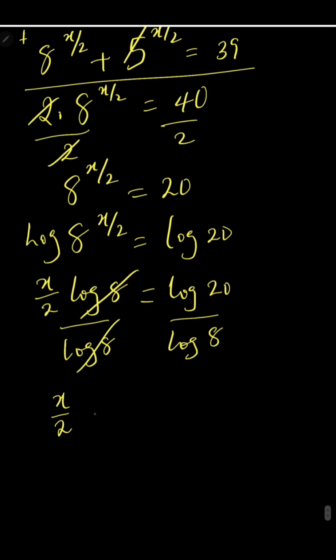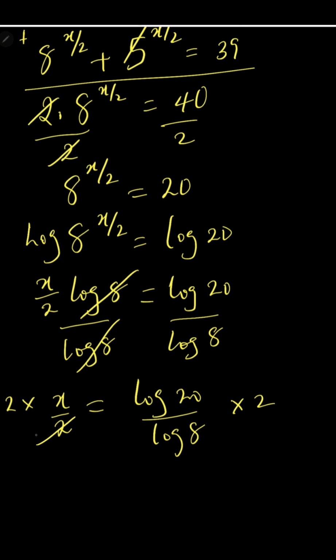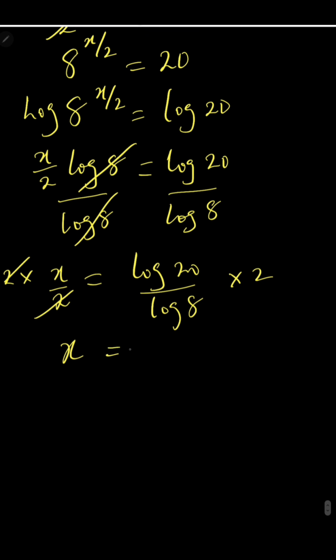So x over 2 is equal to log 20 over log 8. Times both sides by 2. So x is the same thing as 2 log 20 over log 8. You can split this further, but you can still stop here, okay? So we are just stopping here as the value of x.